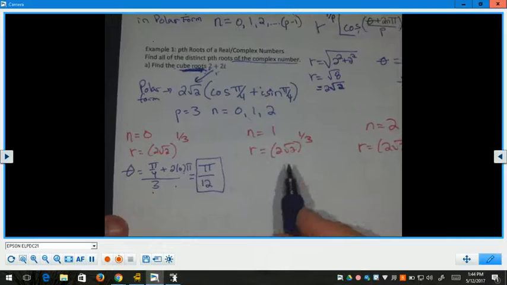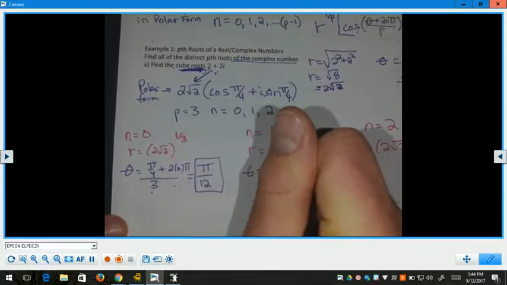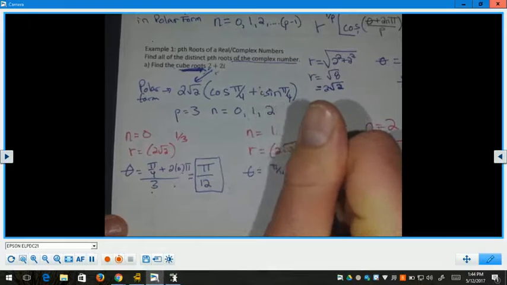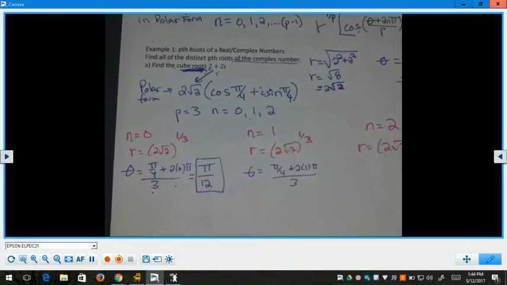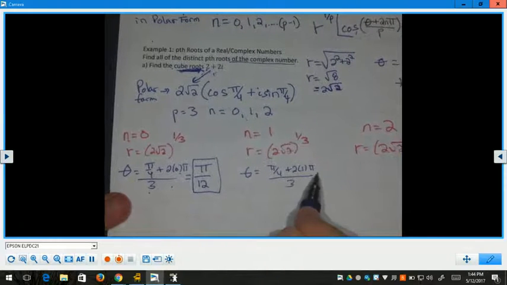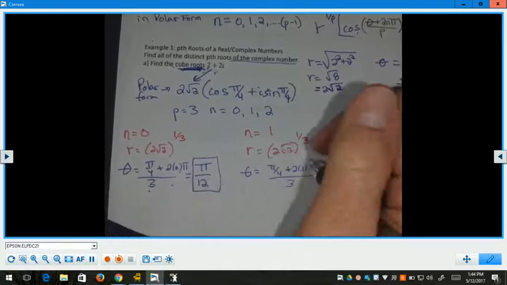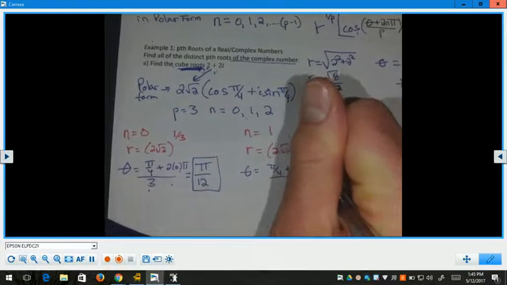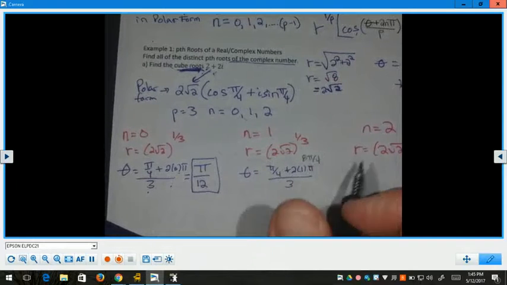When I go to find the next root for the value of n equals 1, I actually have pi over 4 plus 2 times 1 times pi, and then I have to divide by 3. So 2 times 1 times pi is 2 pi, which I could rewrite as 8 pi over 4, which is going to make that 9 pi over 4.